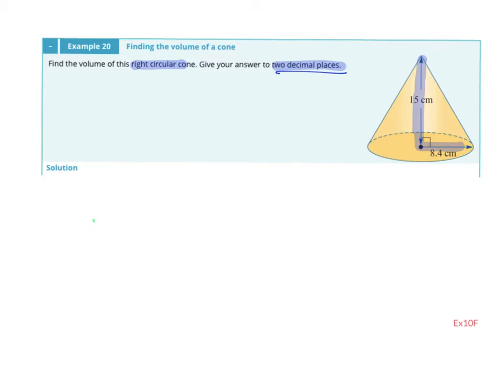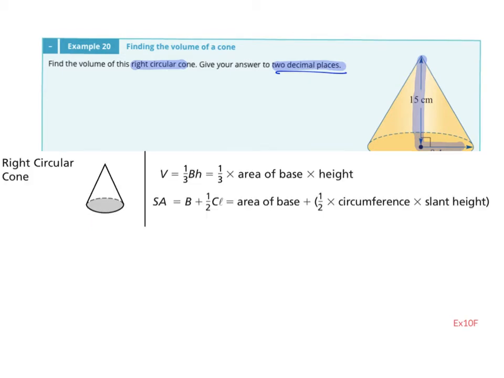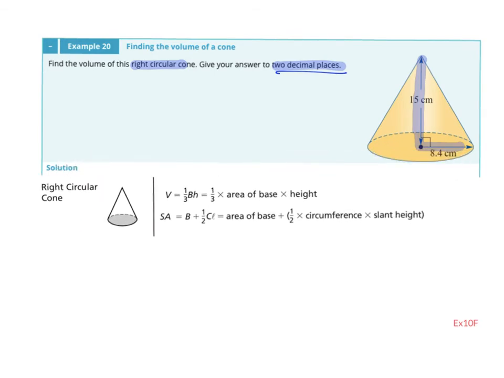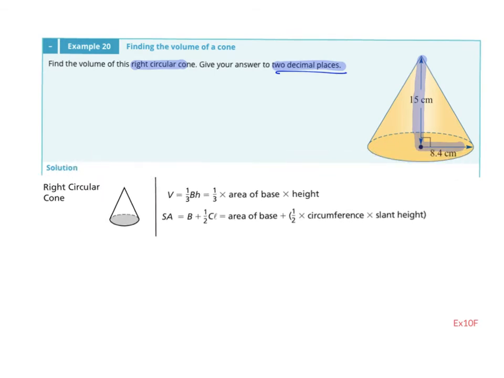So if we go and get our formula sheet, here we can have a look and we can get the cone. So here it is here. I've popped in the formula here for a right circular cone, and you can see it's saying that if we're finding the volume, we're going to do 1/3 of the area of the base.